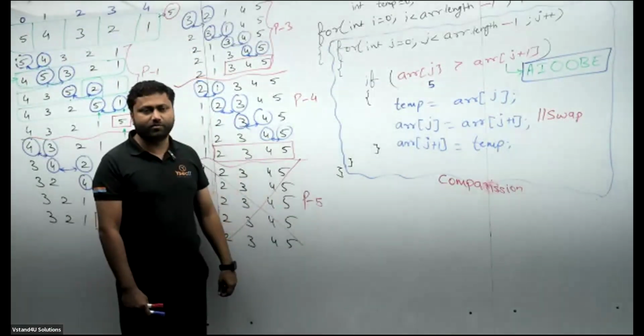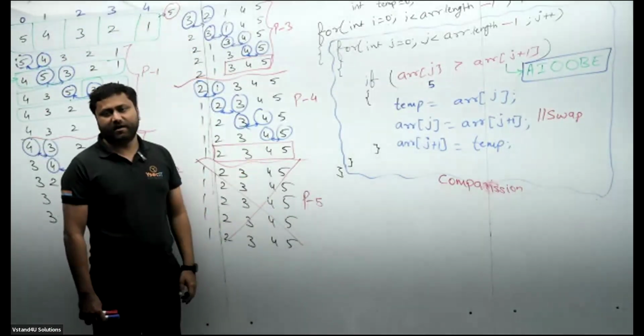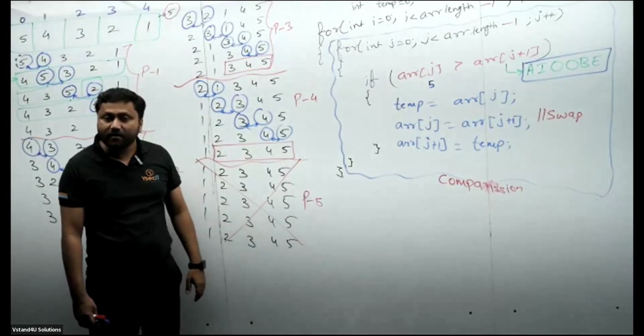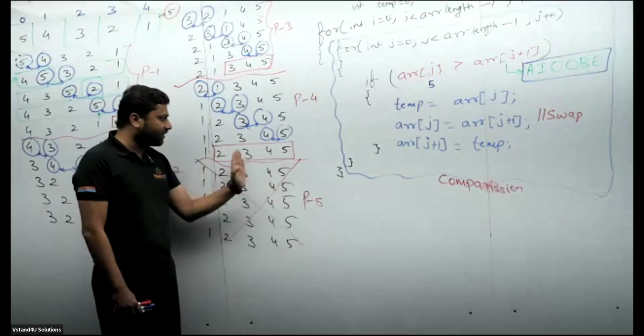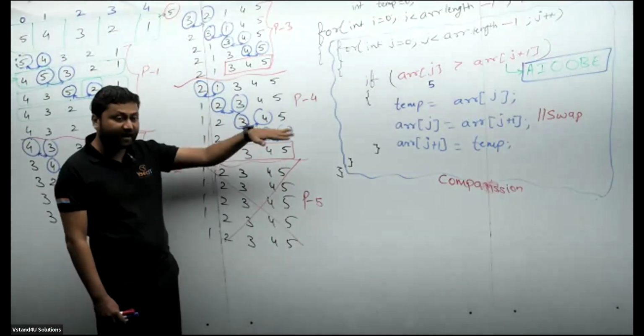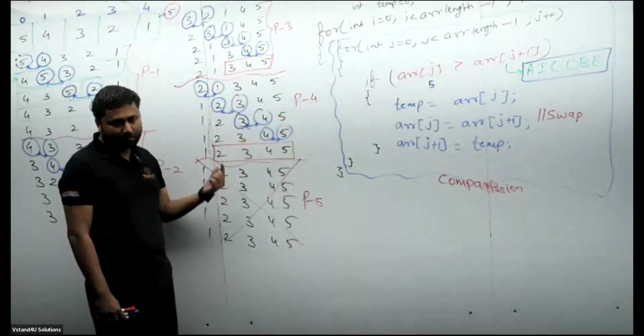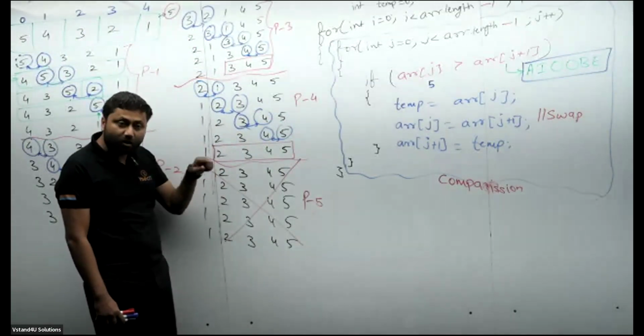In that case, we observed the last pass is actually a waste of time. Reason: if the total number of elements is n and n minus 1 are placed at the right place, then the remaining one element is also at the right place.